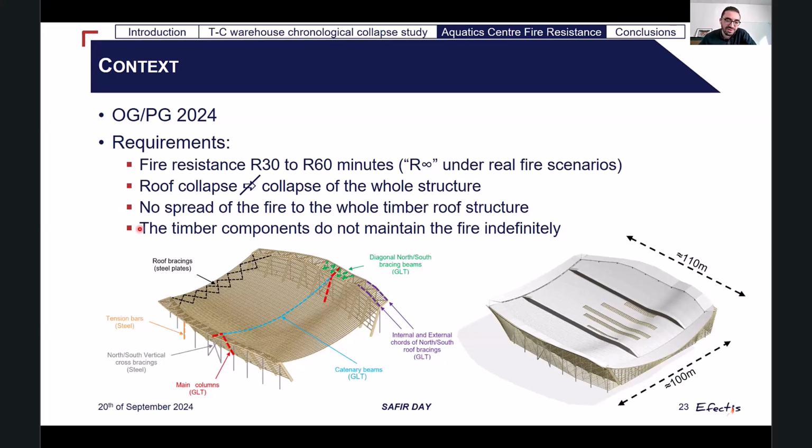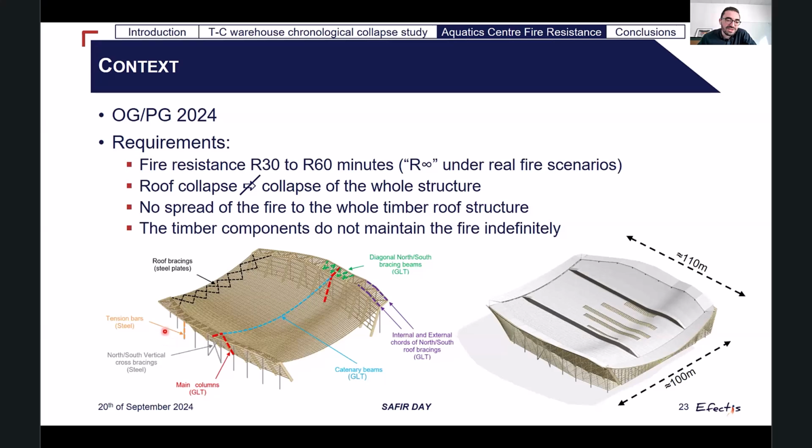So here you have the 3D views of the structure, a structure that is 100 meters by 110 meters. You have here in red the main columns that are in GLT. They are linked together by catenary beams, tensile beams that are also in GLT.